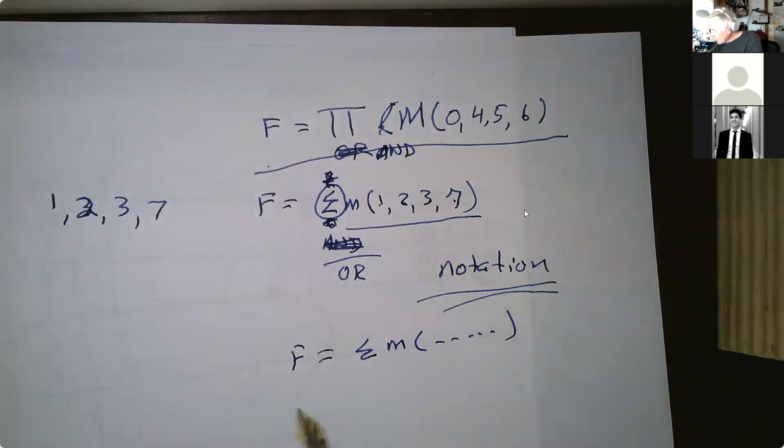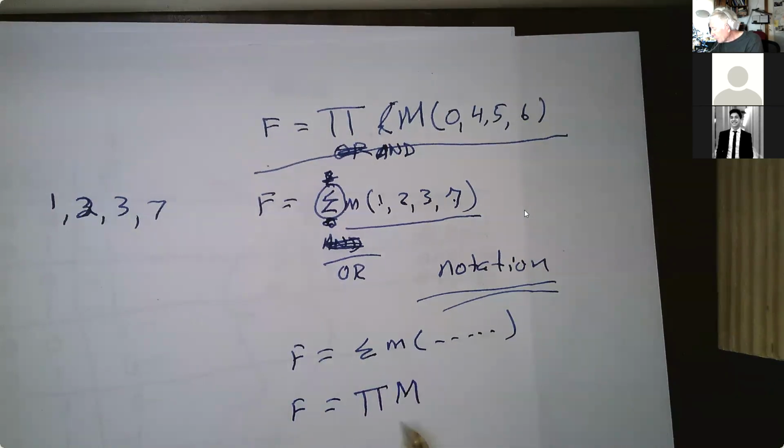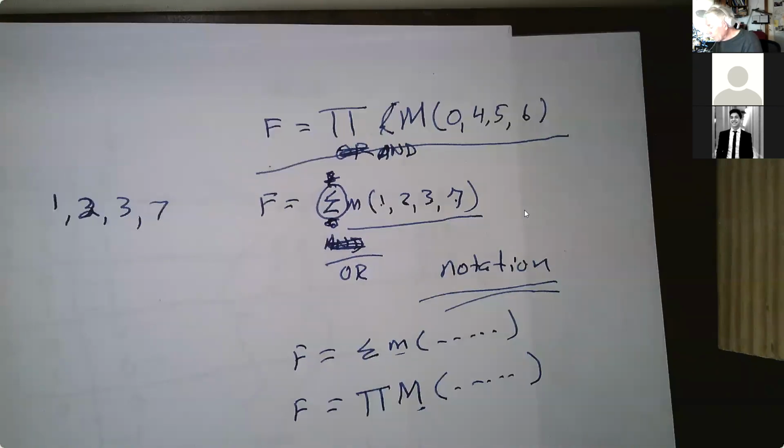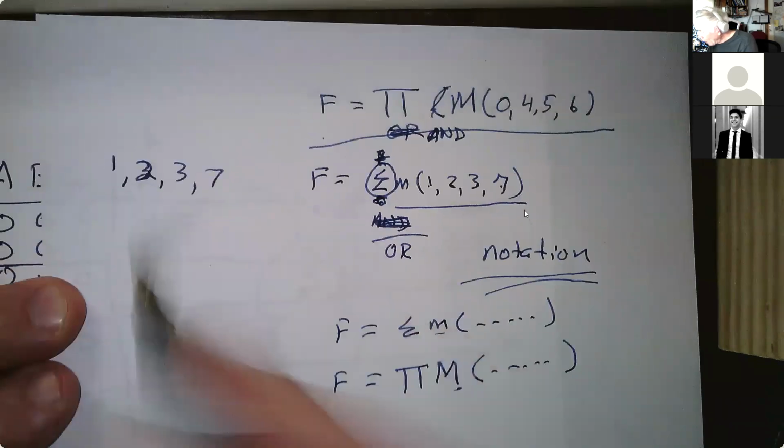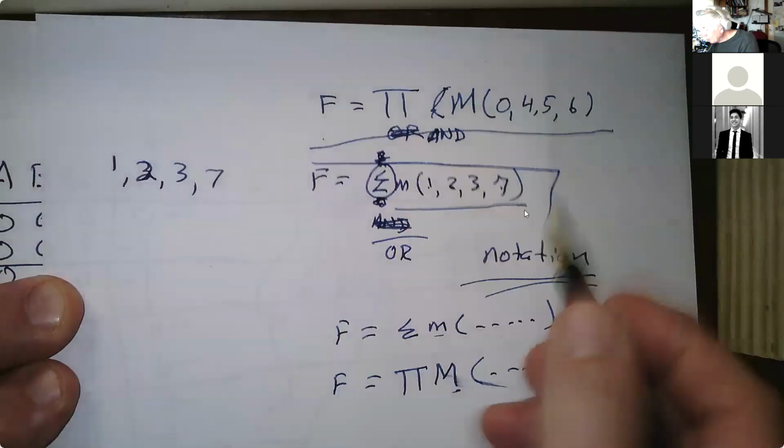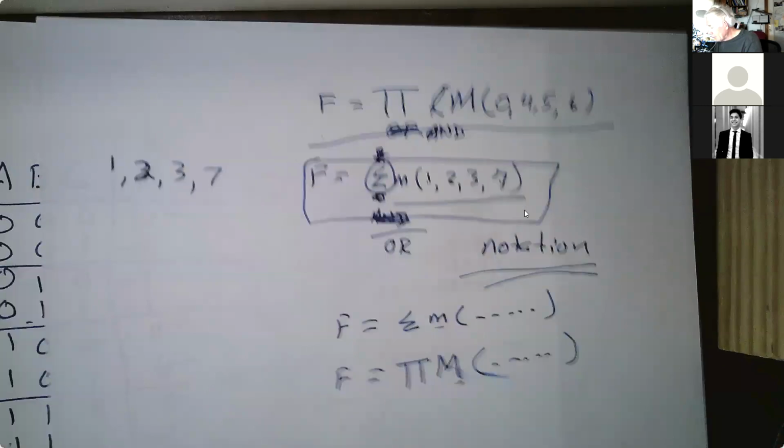And if I want it in max term, F is going to equal the product of the capital M's. This is an output AND gate, and these are OR terms. In our case, this is our shorthand notation.